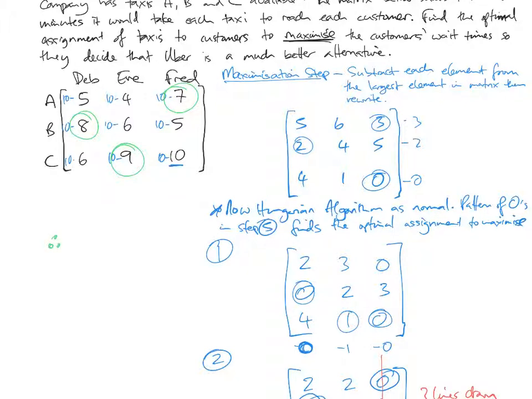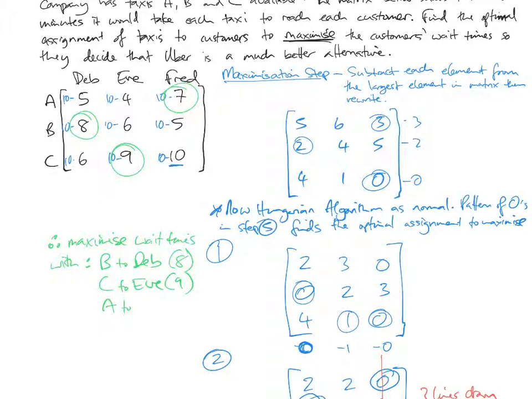Therefore, maximize: B to Deb, 8 minutes. C to Eve, 9 minutes.